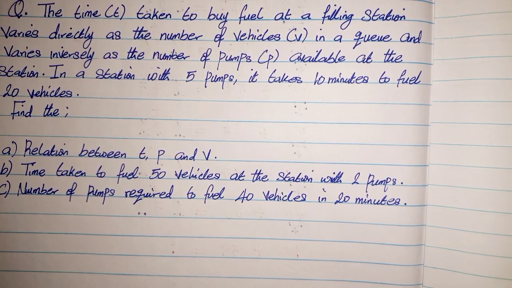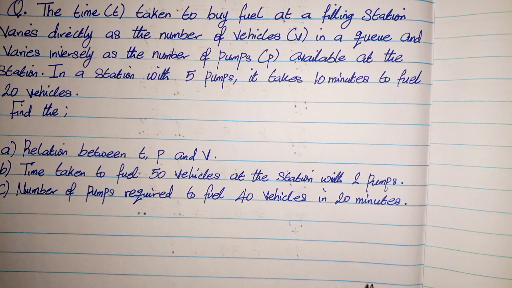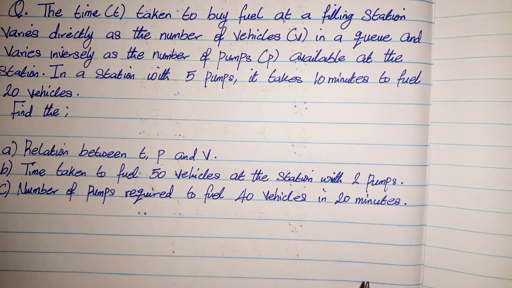It says that the time T taken to buy fuel at a filling station varies directly as the number of vehicles V in a queue, and varies inversely as the number of pumps P available at the station. In a station with 5 pumps, it takes 10 minutes to fuel 20 vehicles.